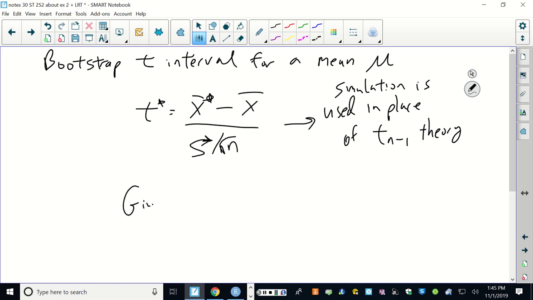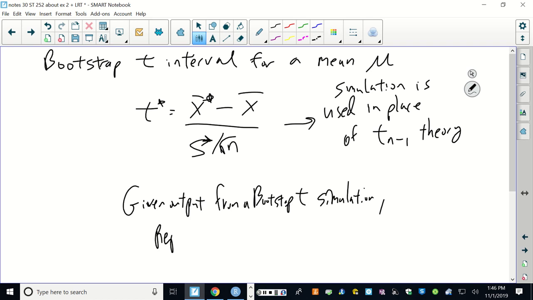And then given output from a bootstrap t simulation, report something like a confidence interval, right, for the mean.